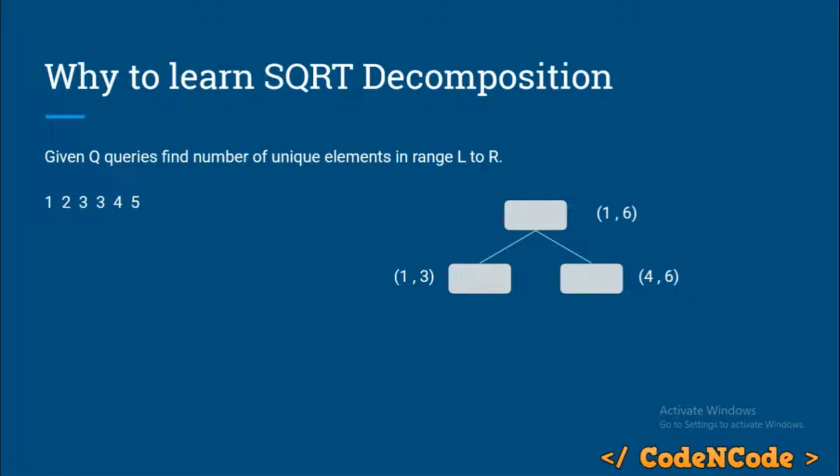For example, this question says that you are given an array of size n with n elements in it, and there are q queries. In each query, you are given two parameters L and R. From L to R in the array, you have to count the number of unique elements.